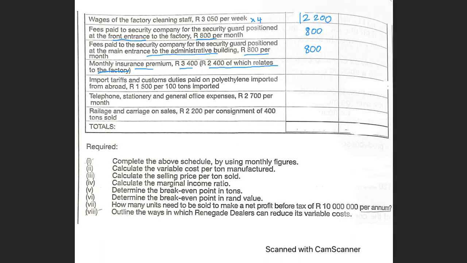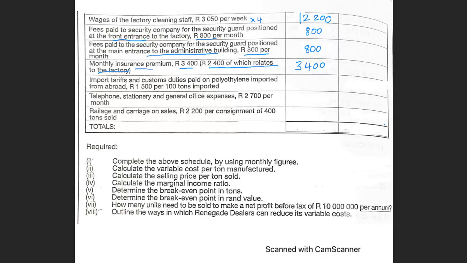It was already broken down in question 4.2, where we looked at which category it would fall into. So here, 3,400 Rand is your total insurance premium, and this is naturally not affected by your level of production. So it stays the same at 3,400 as a fixed cost.